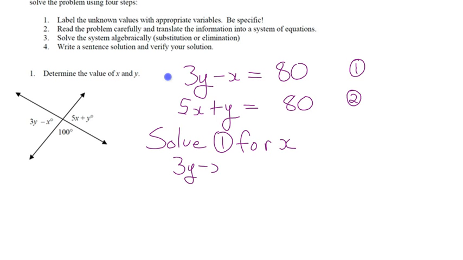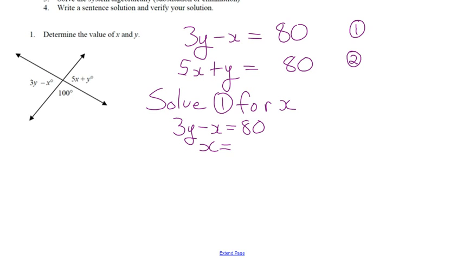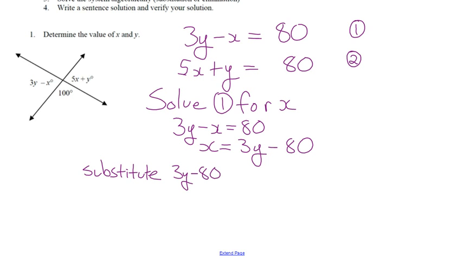So 3y minus x equals 80. What's x equal to? 3y minus 80. Okay, now what? Substitute. So what method are we using to solve? Substitution. So we're going to substitute 3y minus 80 for x in 2, right?